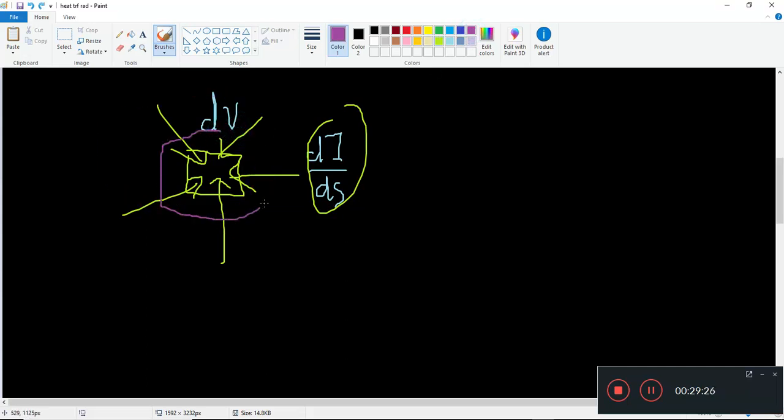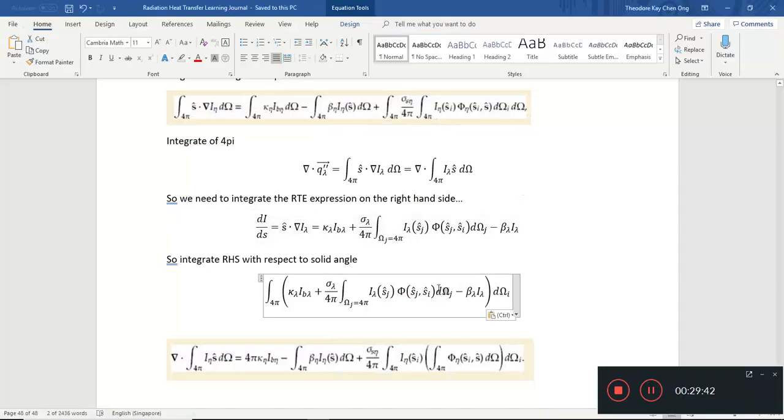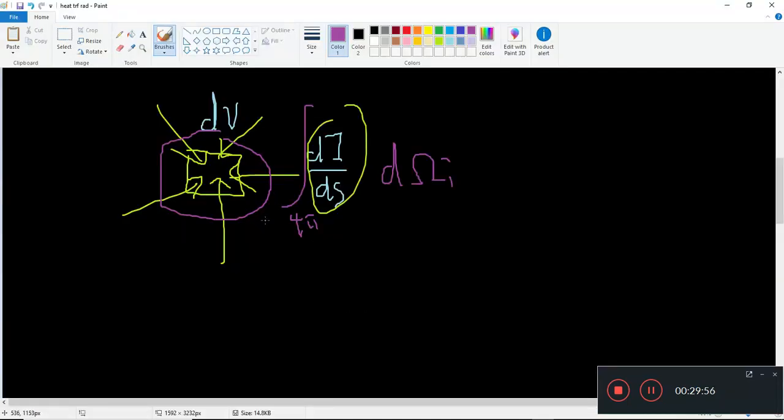This is integral over 4 pi d omega I, right? So this is integrating over 4 pi here. And what is this? Okay, remember this is actually the source term. All right, that is the source term.